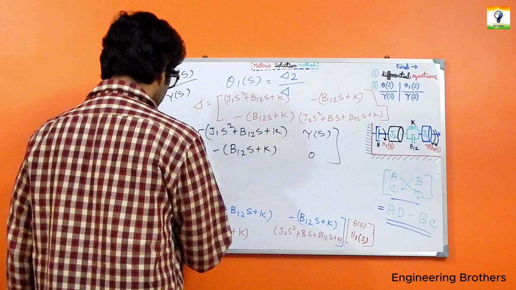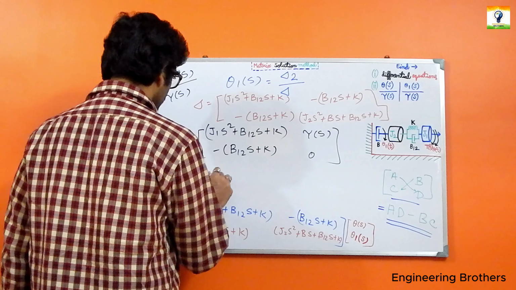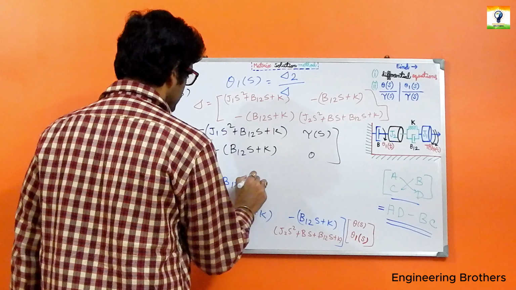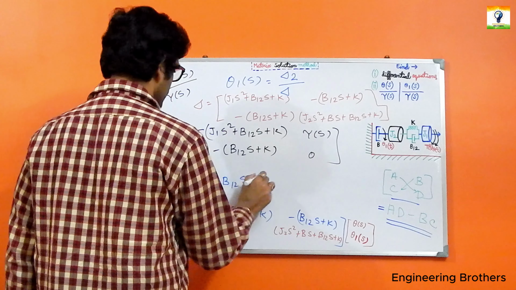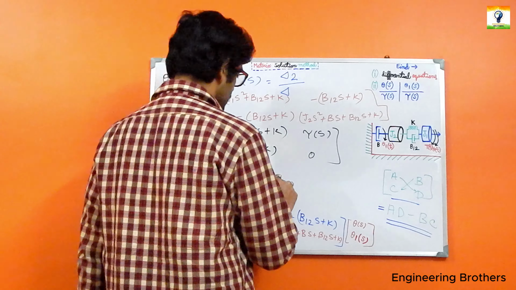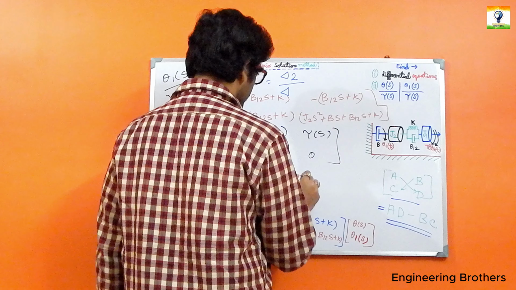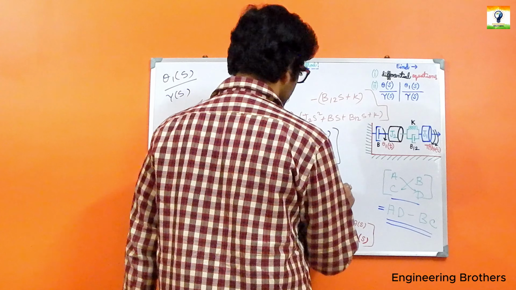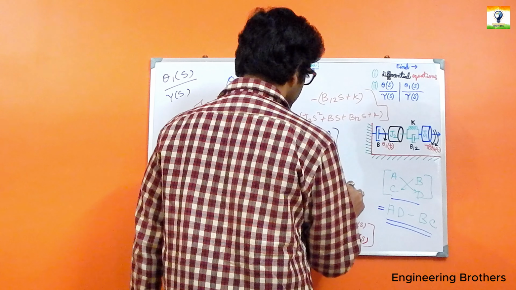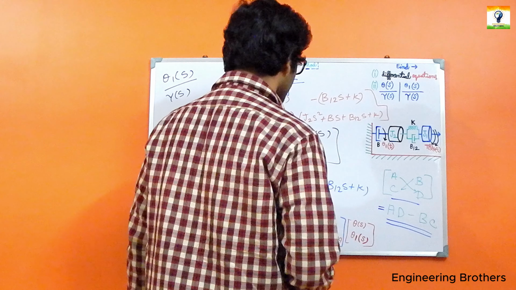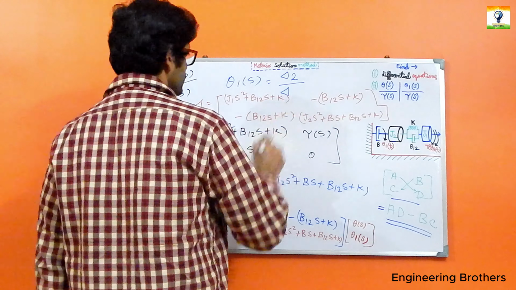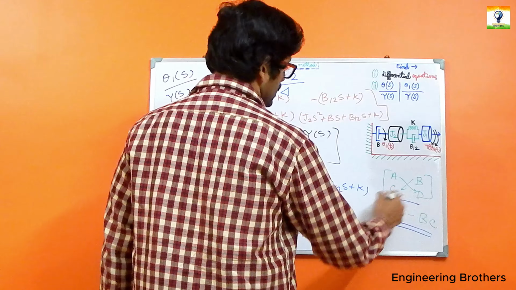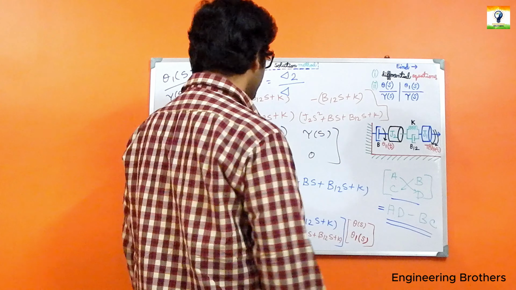The solution seems to be this one, which is J1 s squared plus B12 s plus K multiplied with J2 s squared plus B s plus B12 s plus K. And this one will be minus minus, meaning plus, and that is considered as minus according to the formulation for our determinant.